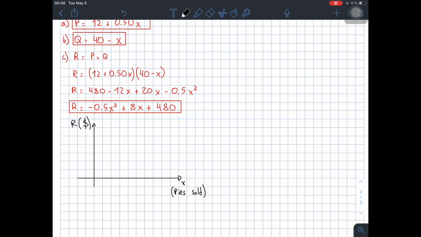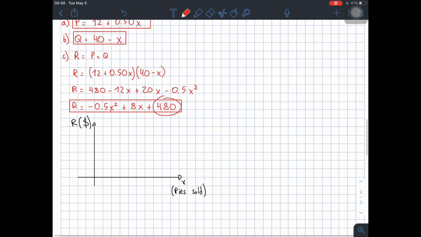So this is a quadratic equation that opens downward, our y-intercept is 480, so maybe we could do 480 somewhere around here. That means that if we sell 0 pies, we should have a revenue of $480, which in this case doesn't sound very logical, right? So the y-intercept does not have a real interpretation in this case.